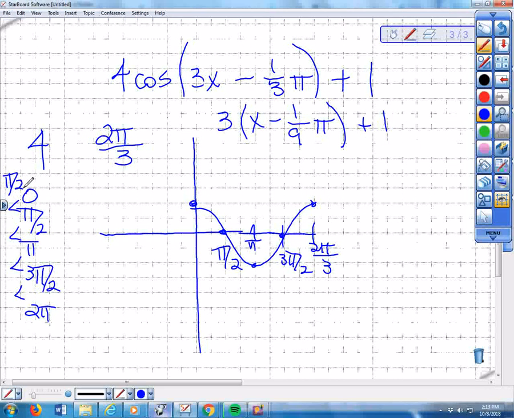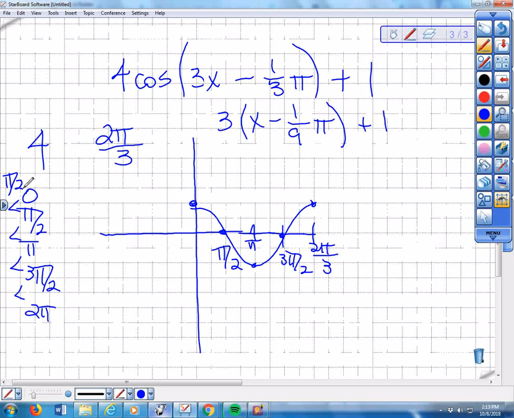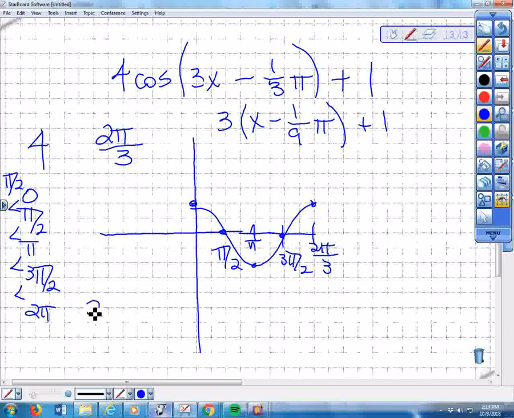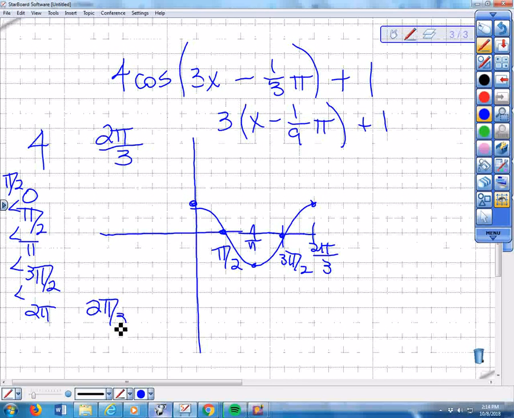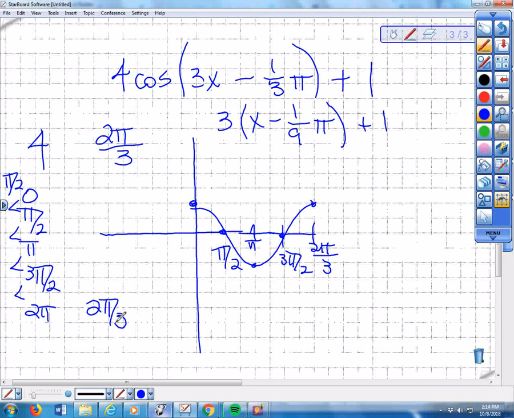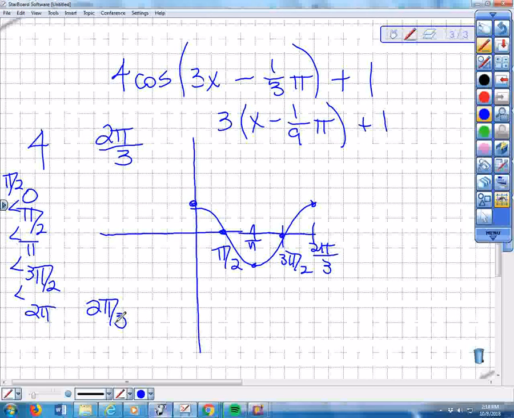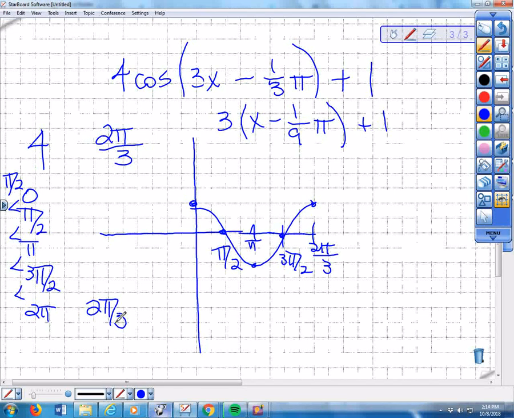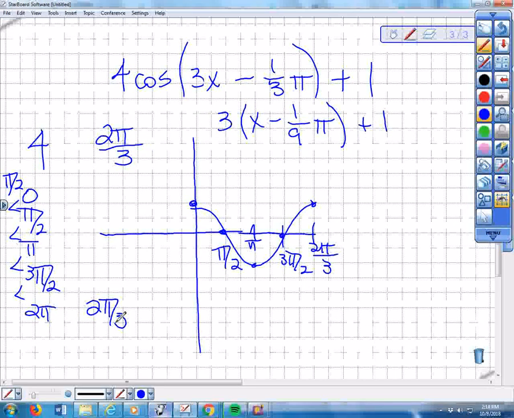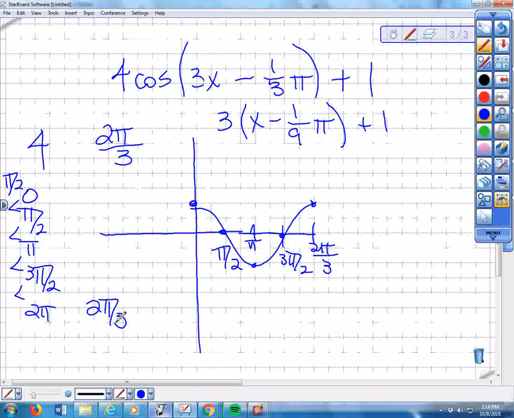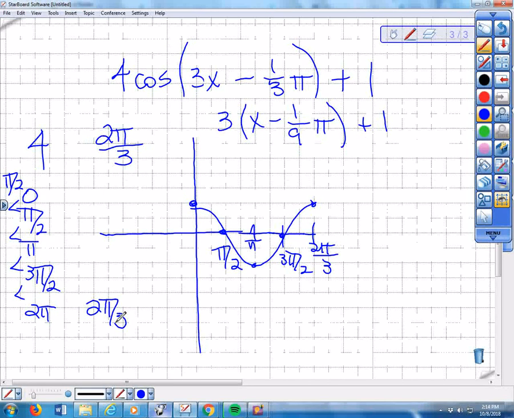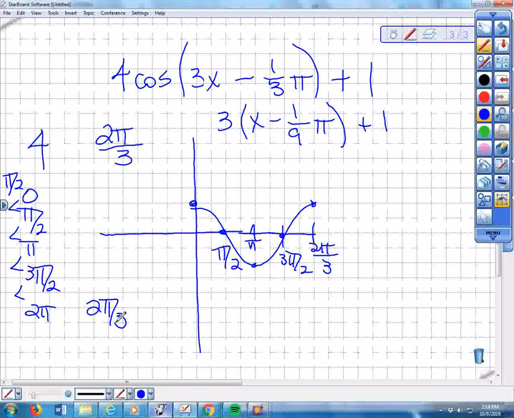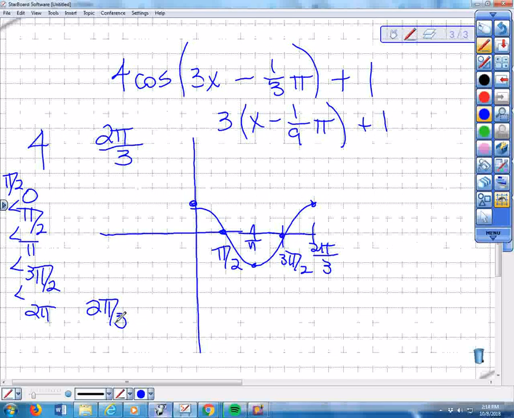I just add pi over 2 to get to the next one. Okay? Well, if I want to end up at 2 pi over 3 instead of 2 pi, to get from 0 to 2 pi, to get pi over 2, I took 2 pi and divided by 4. Right? So I'm going to take this and divide it by 4. And that's 2 pi over 12, which is pi over 6.